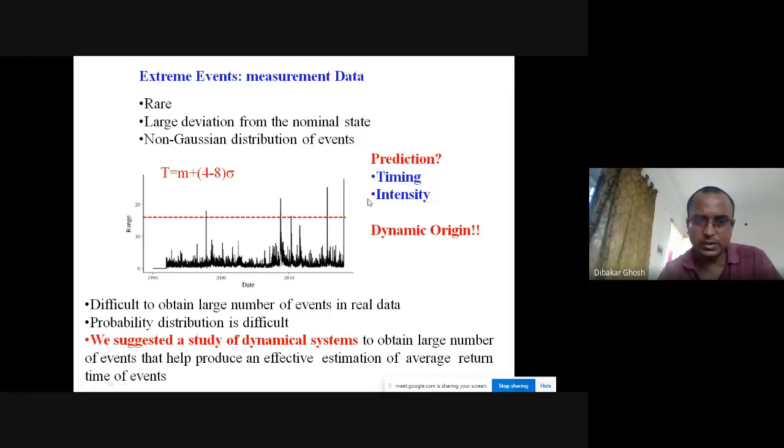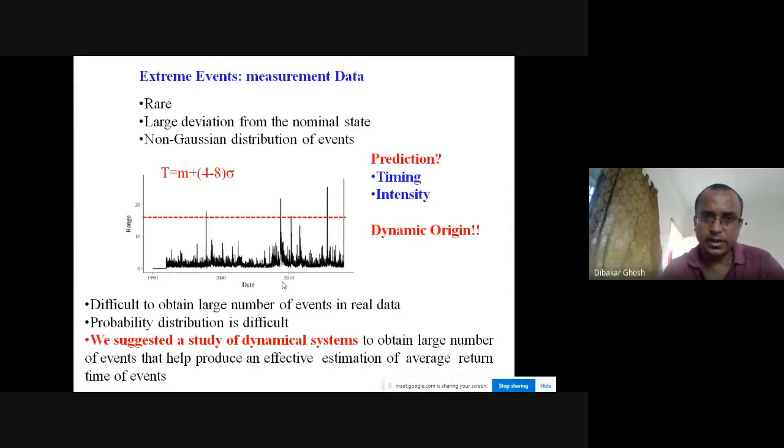From real data, the probability distribution is also difficult to obtain because we have only a few data. So we suggested a study of dynamical systems to obtain a large number of events that helps produce an effective estimate of the average return time of the events.